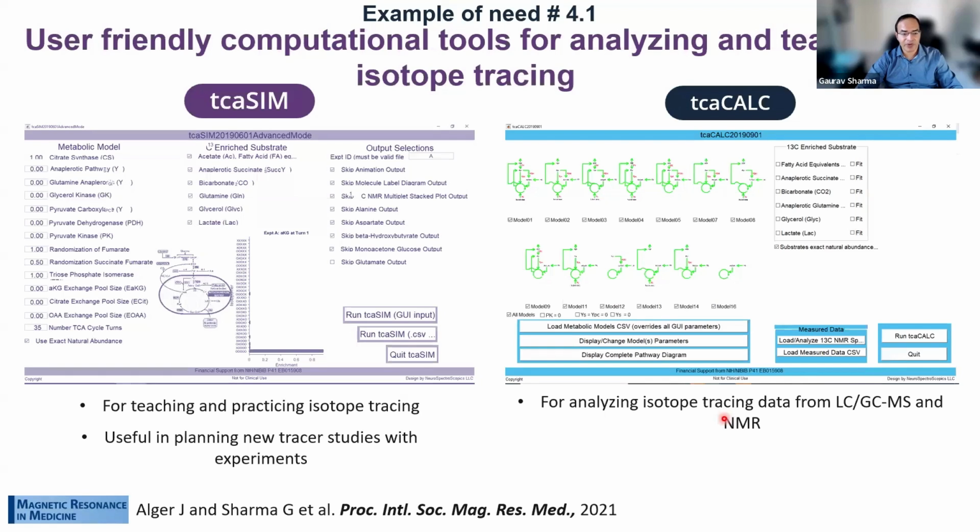Which is very important for analyzing isotopic tracing data. These are great tools for students to practice, very comprehensive. Without even doing the actual experiment, you can anticipate whether your hypothesis is correct or not.